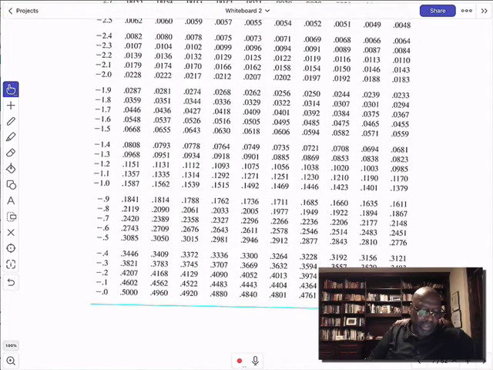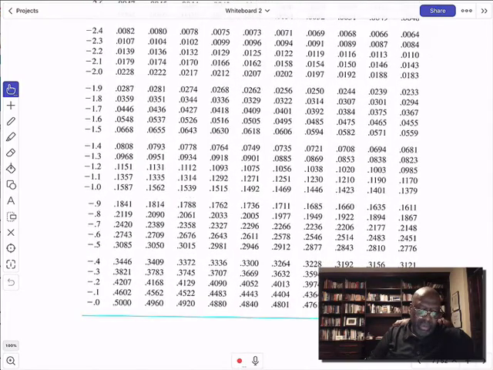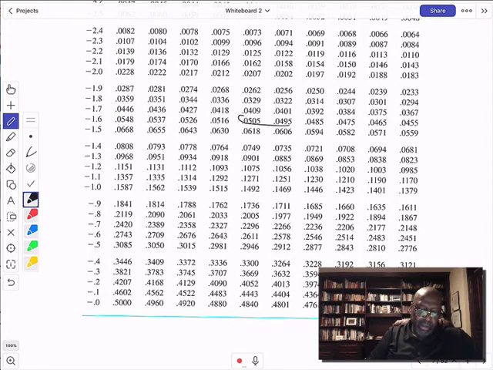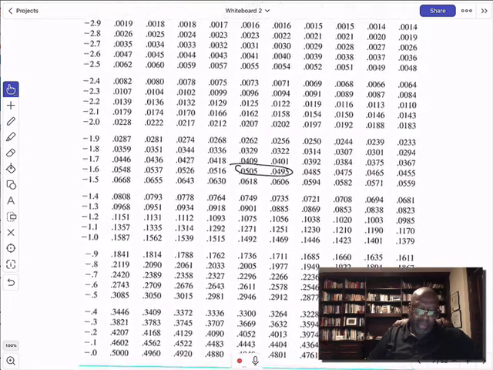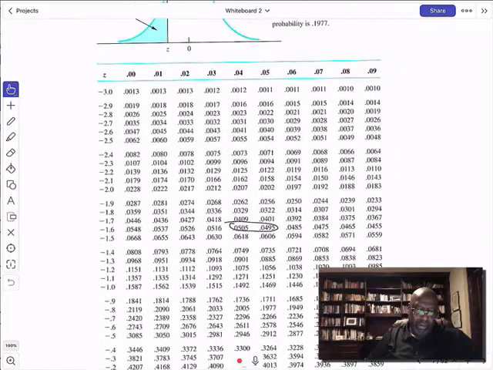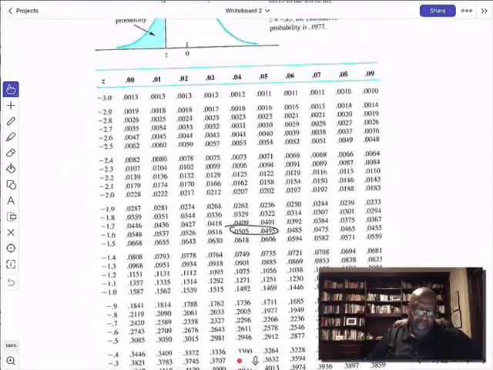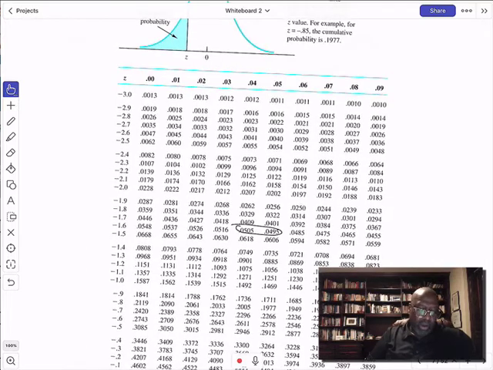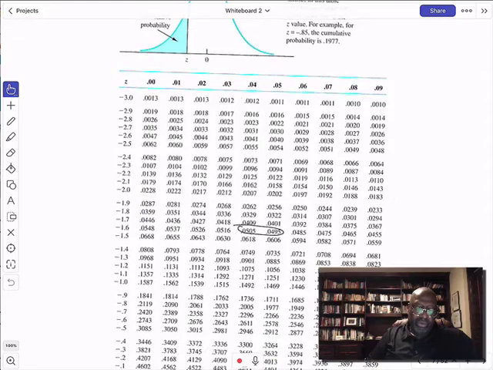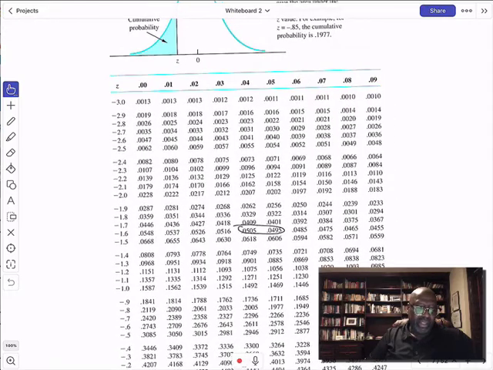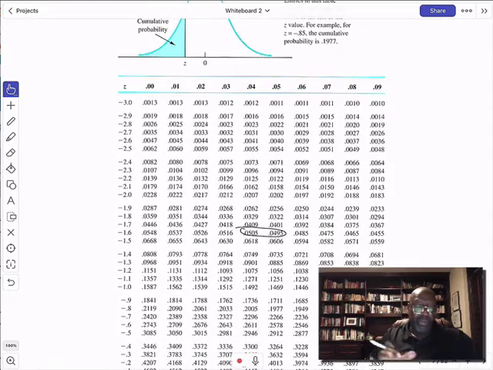So we have to look in the body of the table to find it. And we will find it right here. And if you look this up, you will see it is between 1.64 and 1.65. So what the textbook has done is to say, let's average those two values and use 1.645.